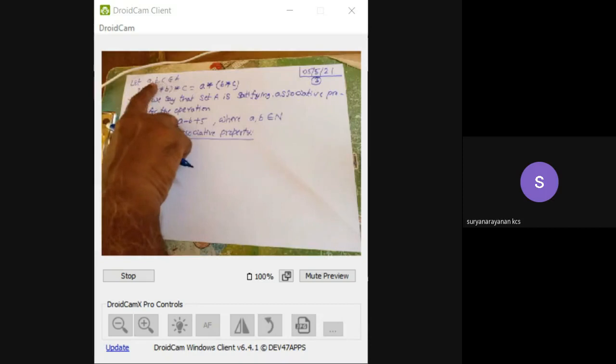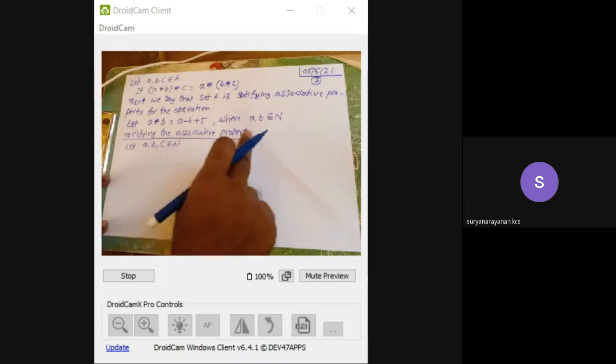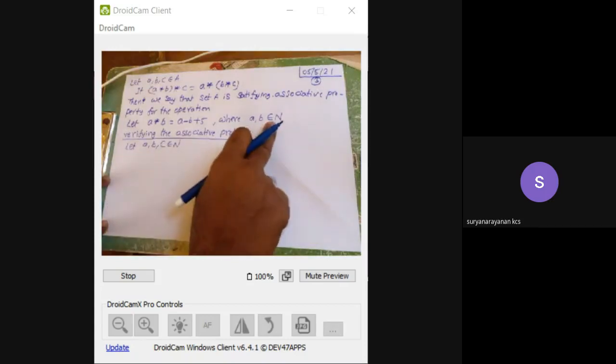Yes, namely A, B, C. We have to choose any three arbitrary numbers from the given set. Okay, let A, B, C belong to natural numbers.